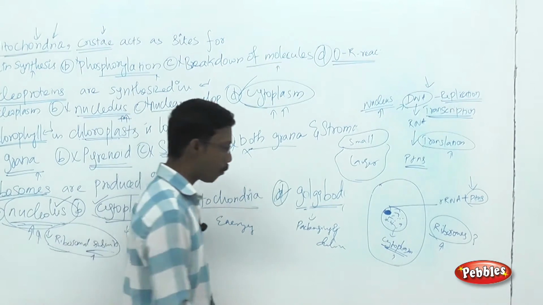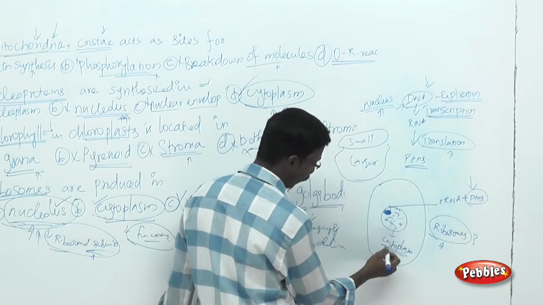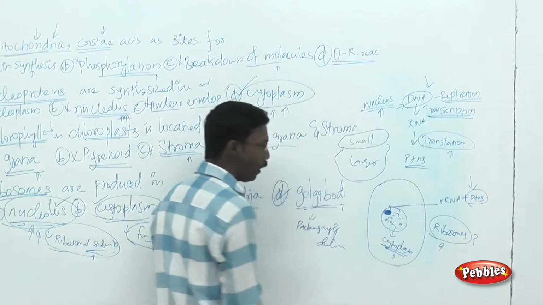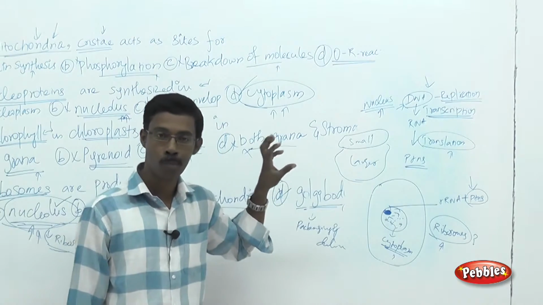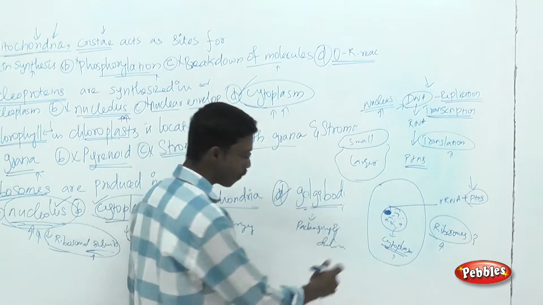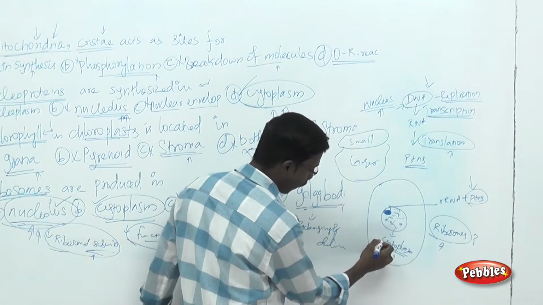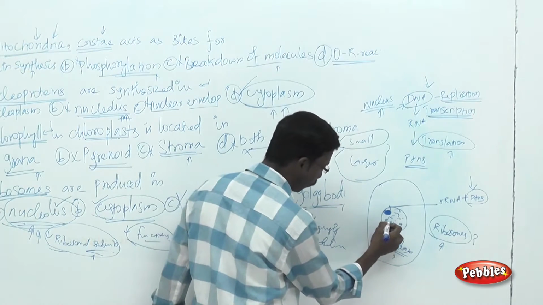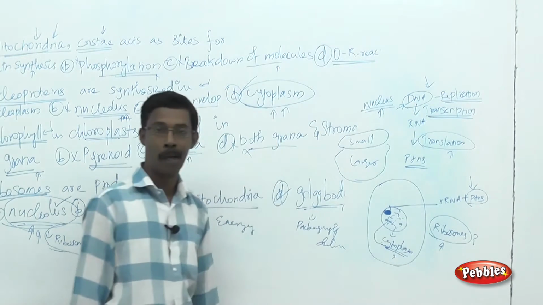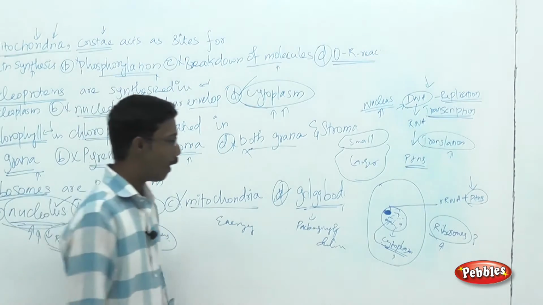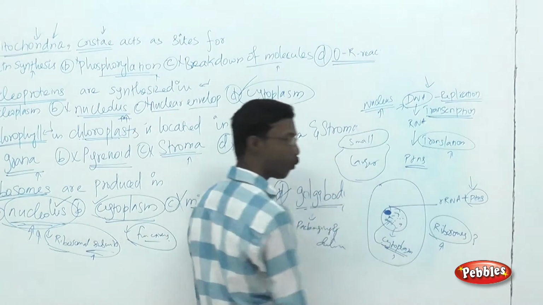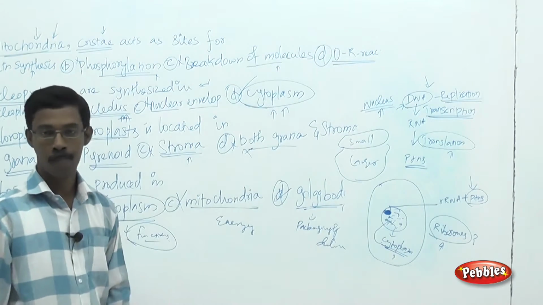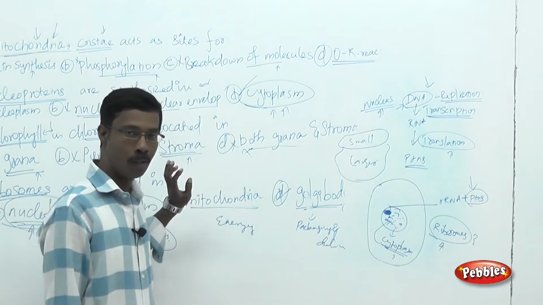Now, you have to remember another major twist. The proteins required for the ribosomal subunits are synthesized in the cytoplasm, and they are transported back into the nucleus. The structures of ribosomes are assembled within the nucleus in the nucleolus. You got my point?